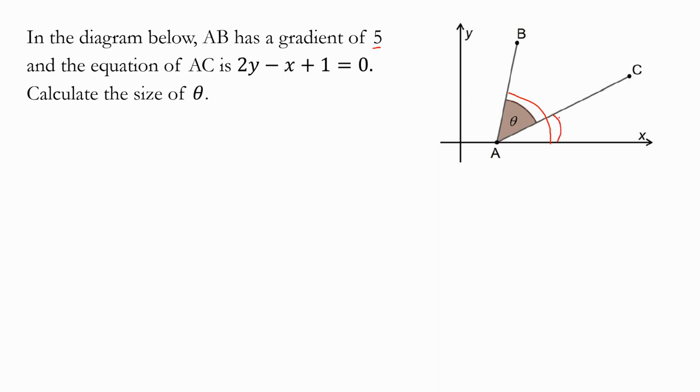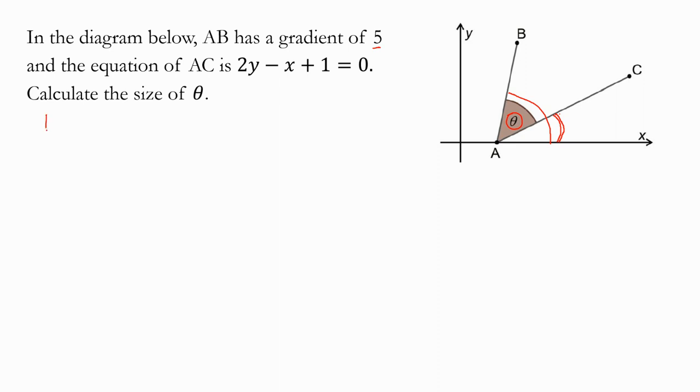If we say angle of inclination of AB minus the angle of inclination of AC, we're going to find our theta. So we find the angle of inclination for AB and for AC, and then we subtract them. Right, so let's start with AB.